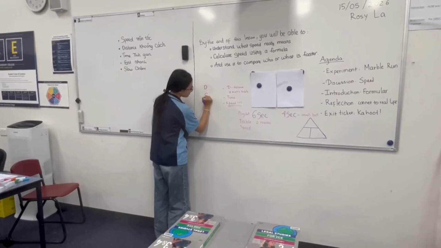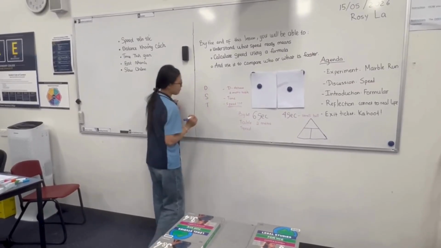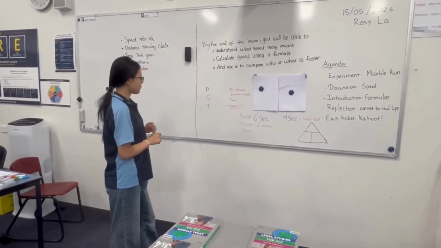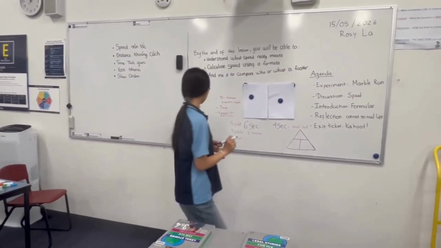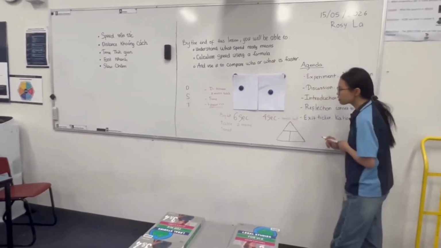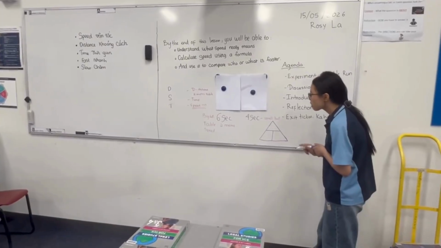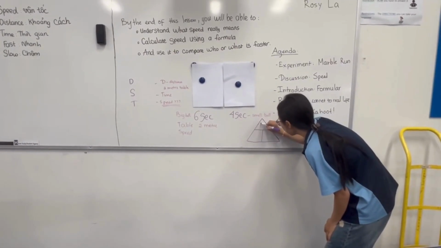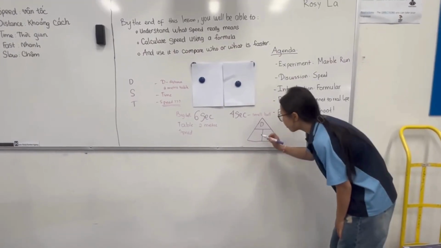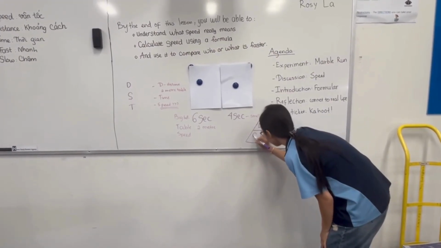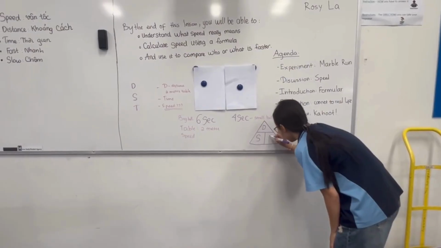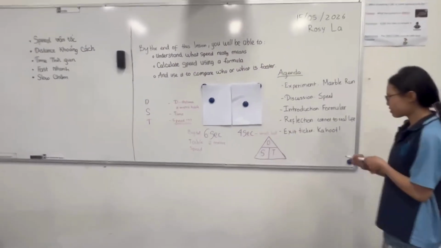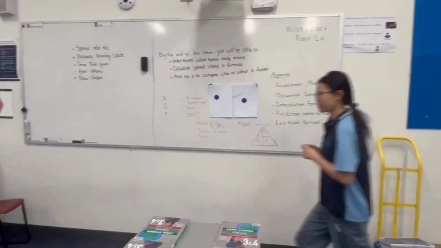Good. So that is the alphabetical order. Very good. So have a look at the triangle. If you can apply that and write it down into the triangle. Yes. And the S for the left hand side and the T for the right hand side. Well done. Thank you very much.